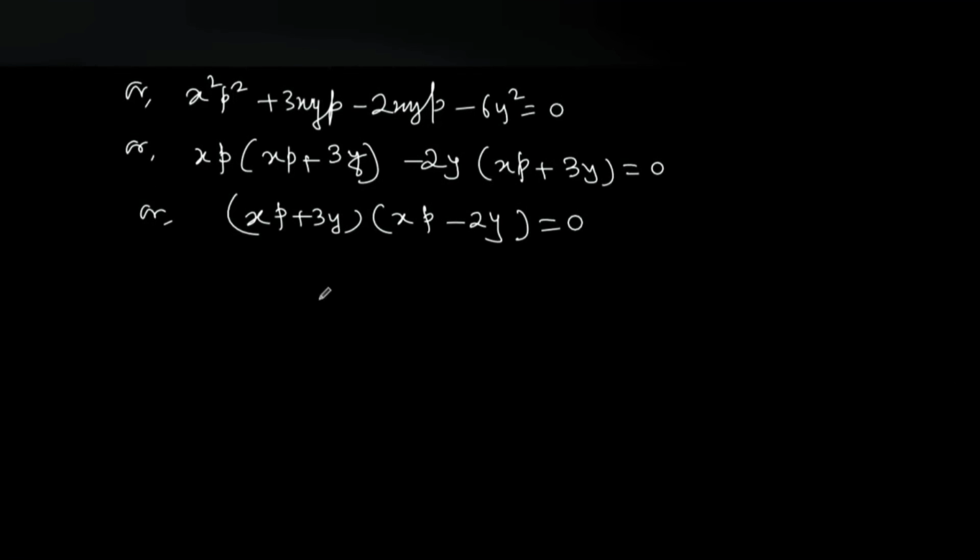So from here, xp plus 3y equals 0, or xp minus 2y equals 0.